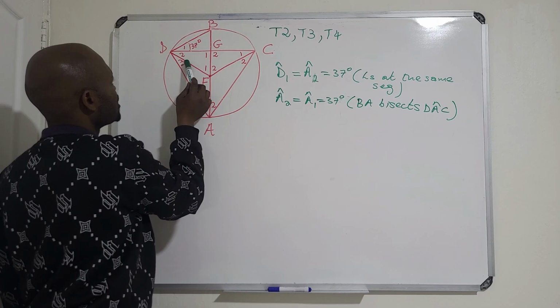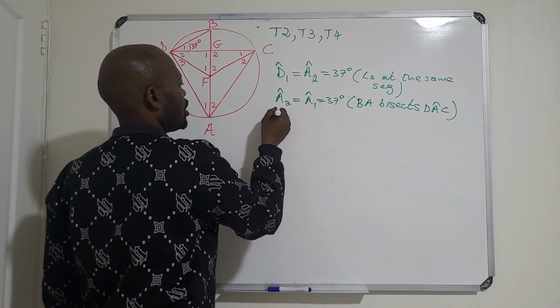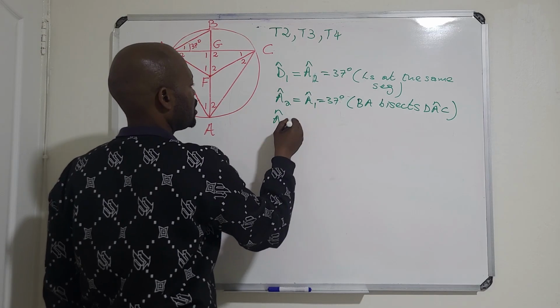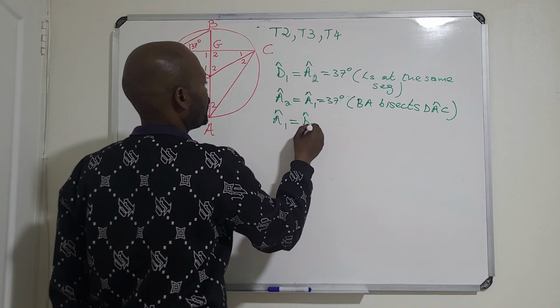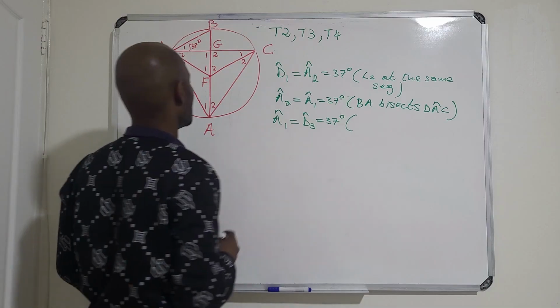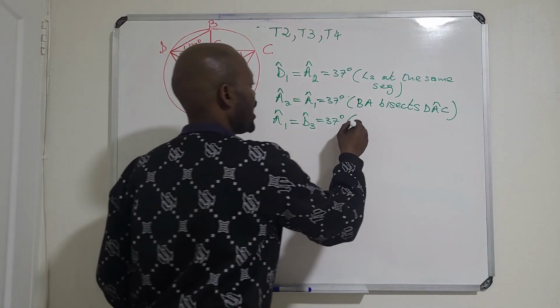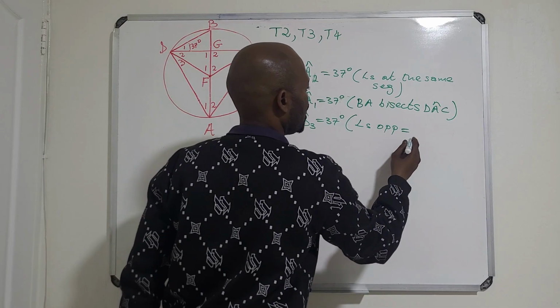Therefore, this angle is equal to that angle. Therefore, angle A1 is equal to angle D3, which is equal to 37 degrees. Reason: angles opposite equal sides.